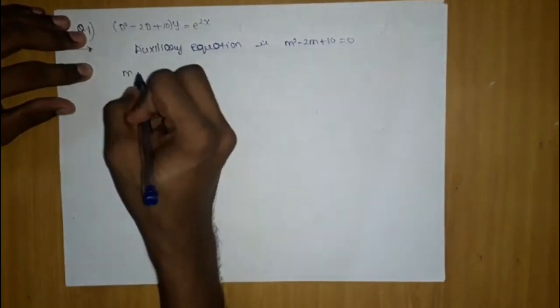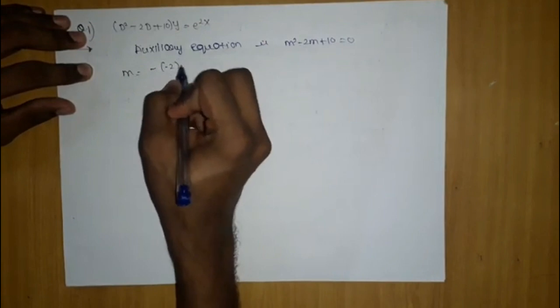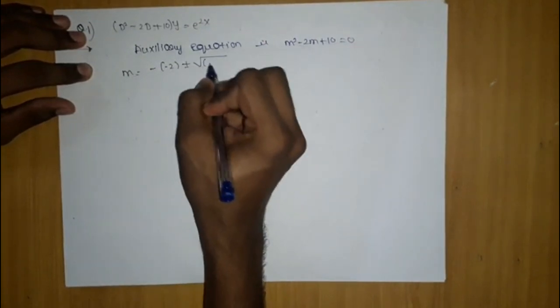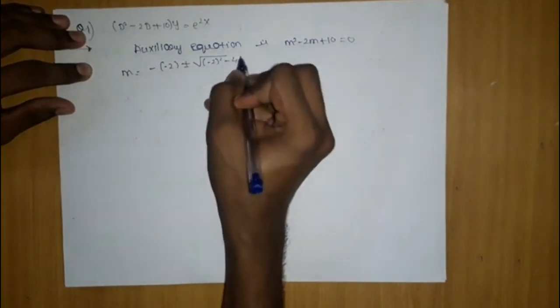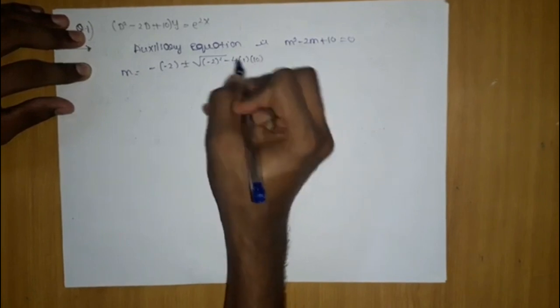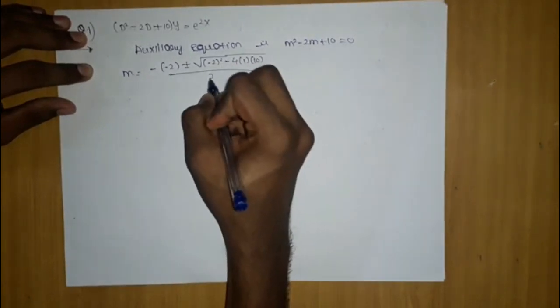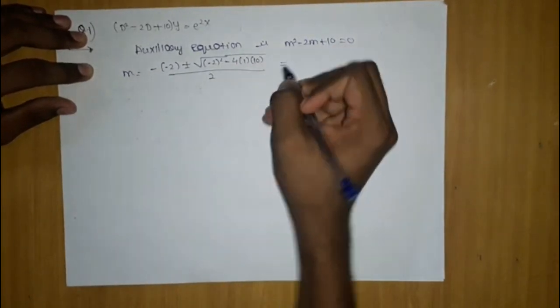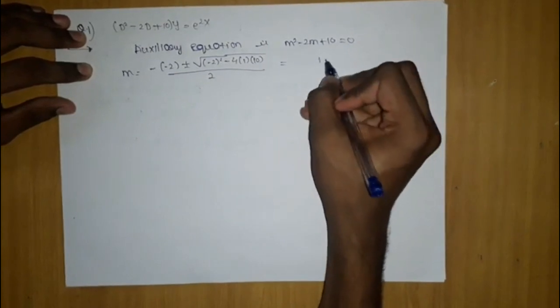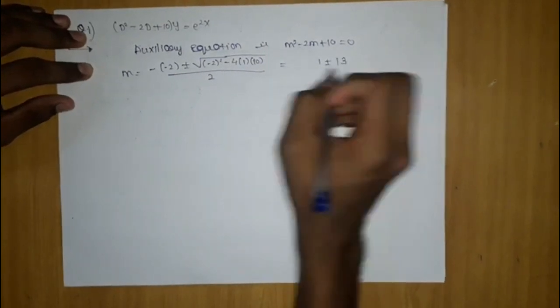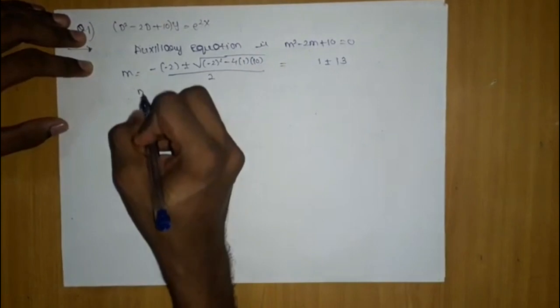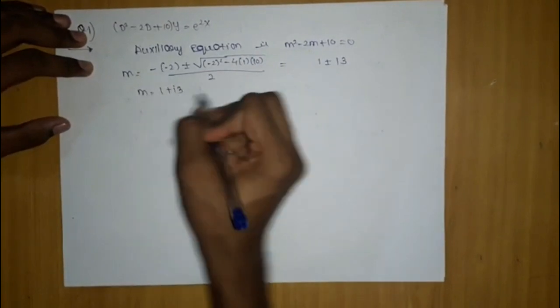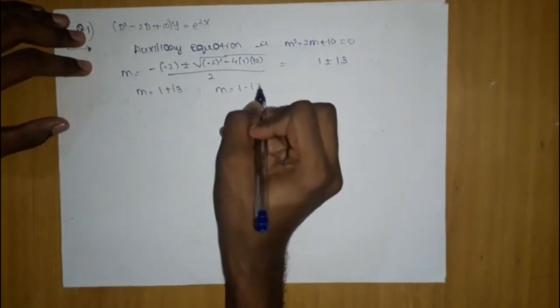You will try to get the m value, which will be minus of minus 2, plus minus under root of (minus 2) square minus 4 into 1 into 10, the whole upon 2 into 1. So finally you will get your answer. This will become 1 plus minus iota 3. So you have two values of m: m equals 1 plus iota 3 and m equals 1 minus iota 3.